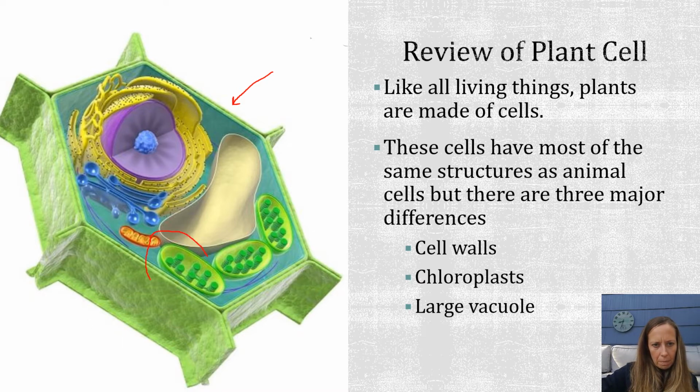These big green blobs here, they kind of look like mitochondria, but they're not, because the mitochondria is that little red one next to it, right? And then the last one is a central vacuole. That's this big area right here. And in this picture, this is how you normally see it, but when you look at an actual picture of a plant cell, the central vacuole takes up most of it.